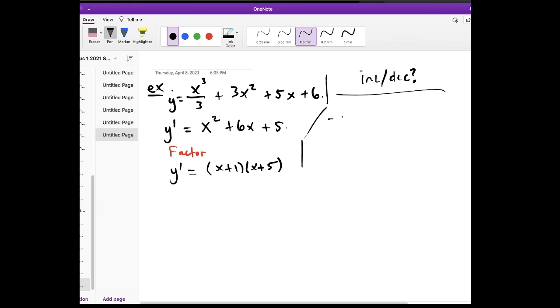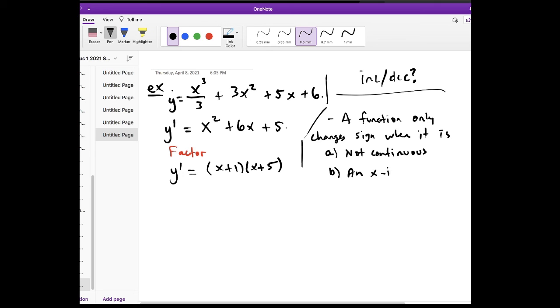This is a thing you maybe should know already, but a function only changes sign where it is A, not continuous, or B, an x-intercept. And I should say only possibly changes sign.